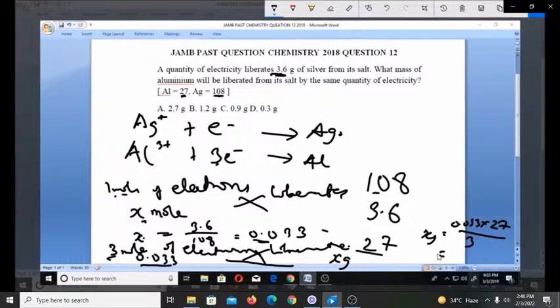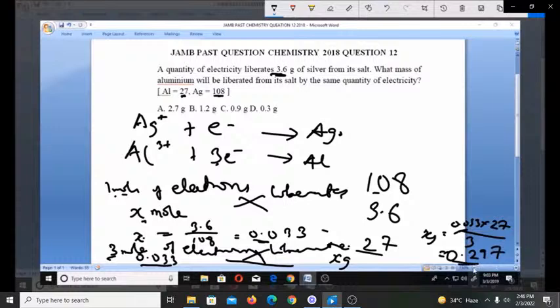So if you do this calculation, what are you going to get when you press the calculator? 0.033 times 27 is going to give us 0.891, divided by 3, it will now give us 0.297.